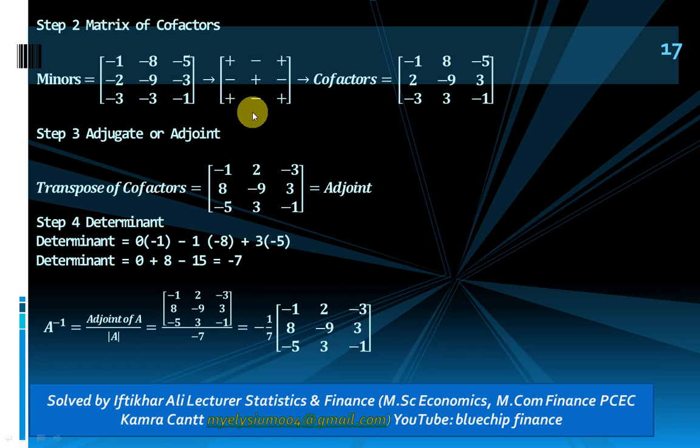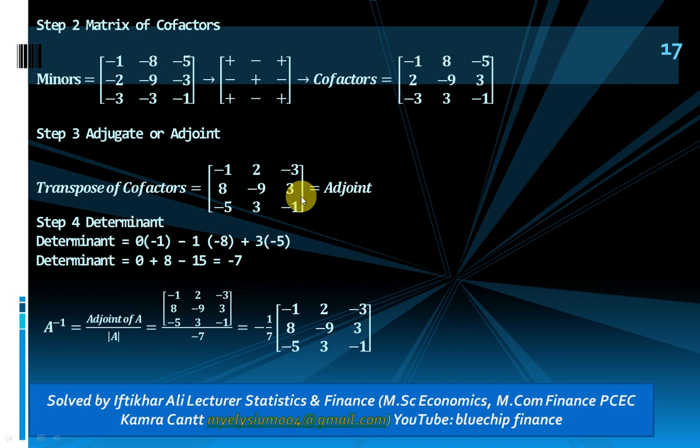After that, in the third step, we will calculate the adjoint, and adjoint is very simple: take the transpose of these cofactors. What is transpose? Transpose is just changing the order of row or column. So if minus 1, 8 and minus 5 is in the form of a row, it will be converted into a column. Similarly 2, minus 9 and 3 is in the form of a row, it will be converted into a column.